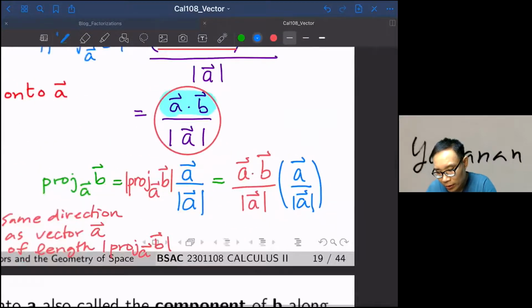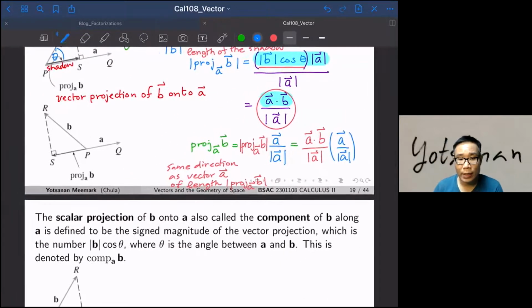That will give you the projection vector, given by the green vector: A dot B over norm A squared, multiplied with your vector A.